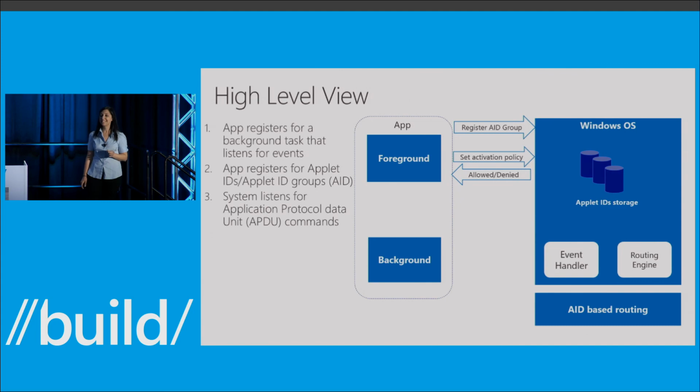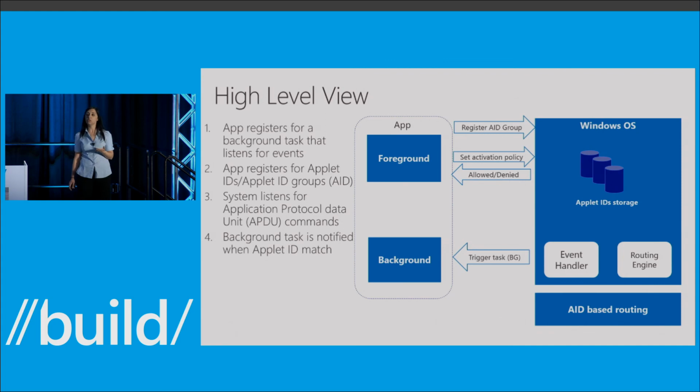At this point, the system will start listening for application protocol data units, APDUs. This is a standard way of the cards talking to the external NFC terminal. This is how it also works with the plastic card. So your app will be talking to the external terminal using APDUs.